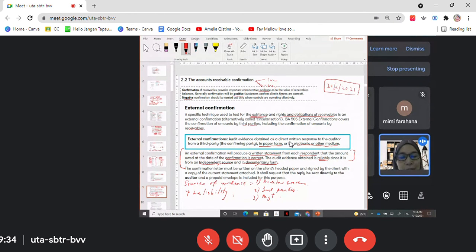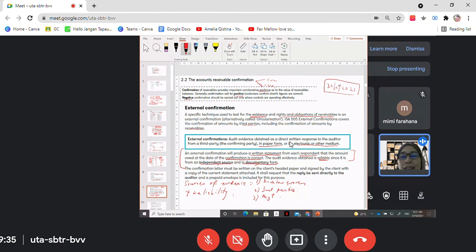Be careful in audit. If you write a long answer but there are no facts or keywords relating to the audit terms, then normally you will not get the marks. Be careful on that.